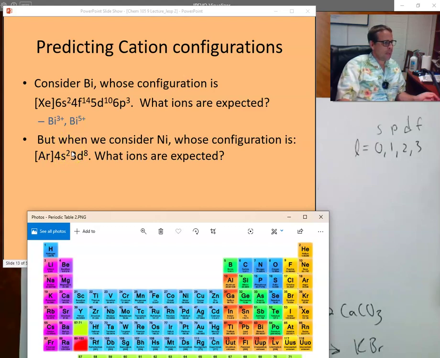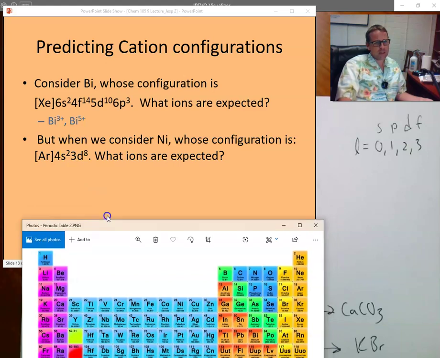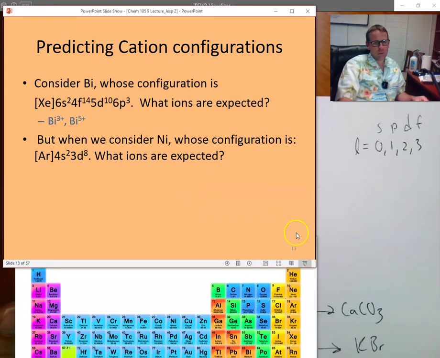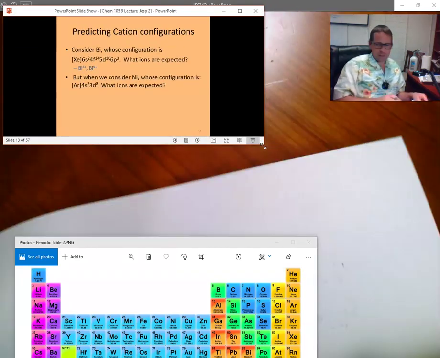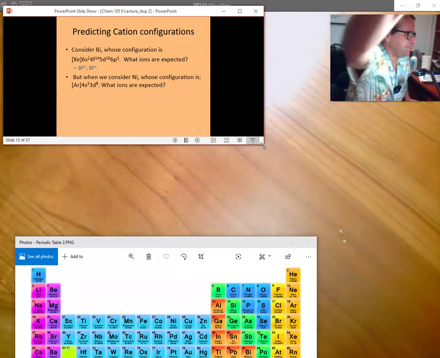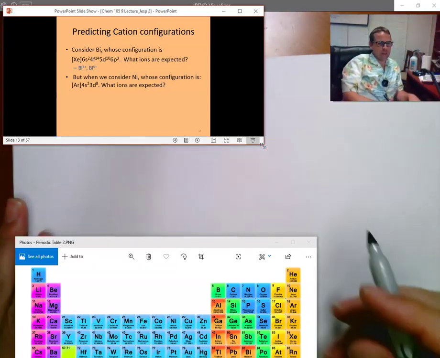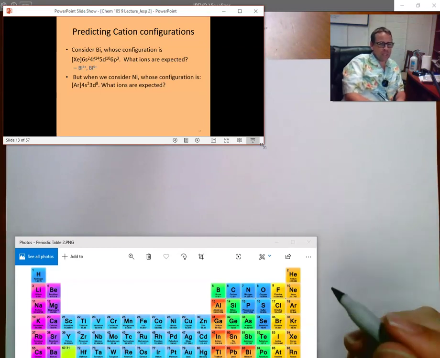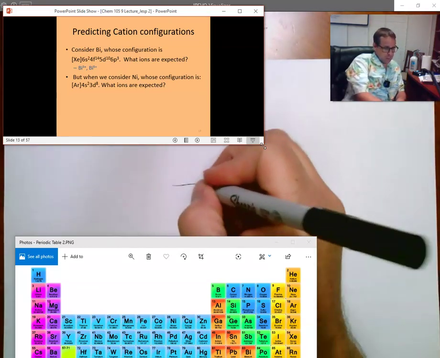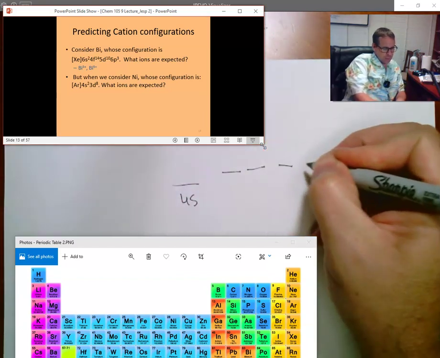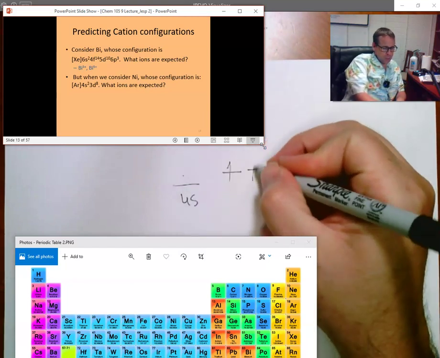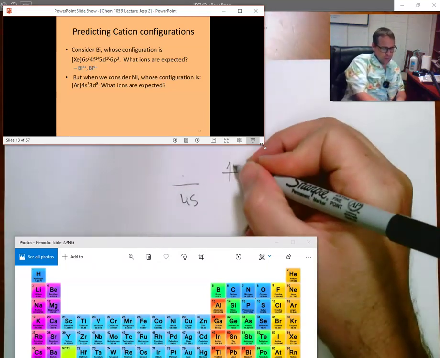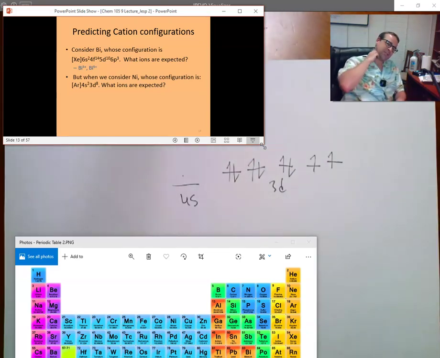That's right. It gives up its 4s2 electrons. Very good. Now, Precious, what is another possible ion that we might think would be formed from nickel? Should we review this one together? If we remember that we have 4s2, 3d8, 5 orbitals in the 3d, 4s2, 3d8, 1, 2, 3, 4, 5, 6, 7, 8.